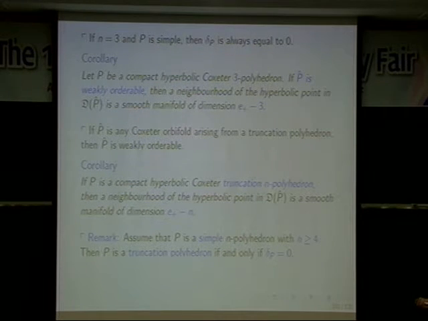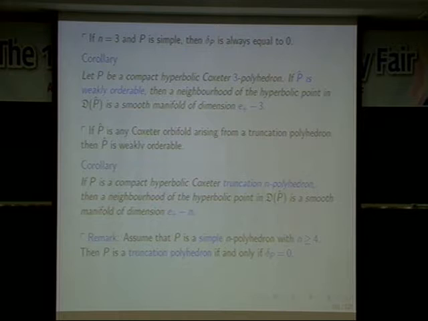In our case, the dimension doesn't matter, but we only know the neighborhood local deformation. One remark is that if P is a simple n-polyhedron with n greater than or equal to 4, then P is a truncation polyhedron if and only if delta P is equal to 0.